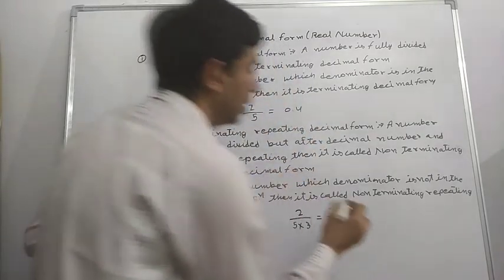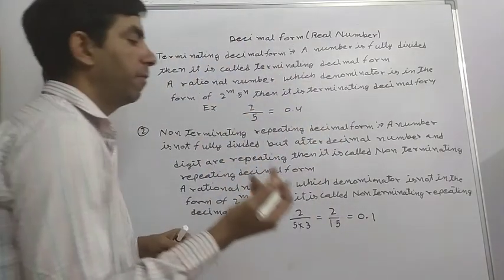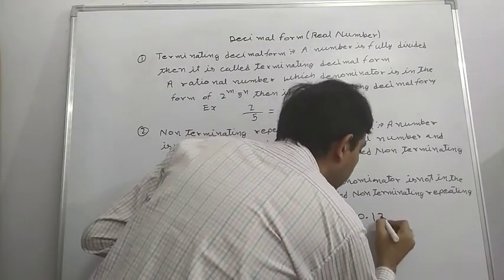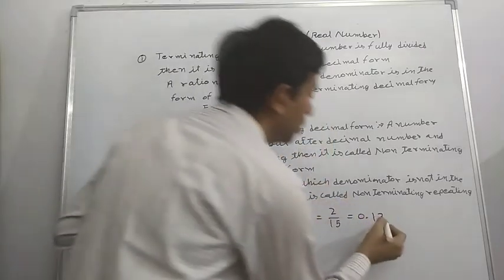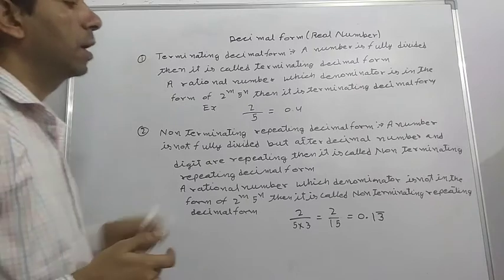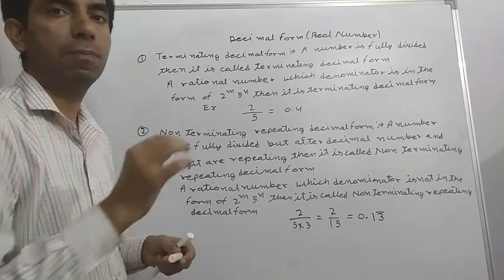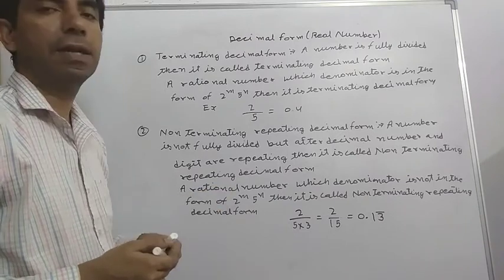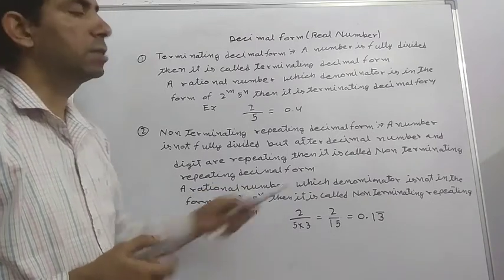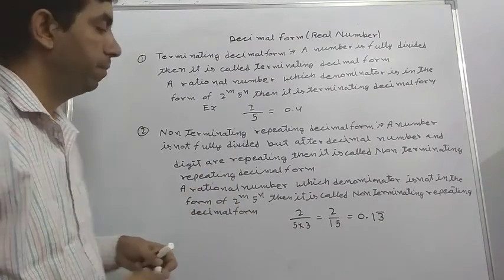Here we get 0.1, 5 remaining. 50, 15 times 3 is 45, again 5 remaining, which means digit 3 repeats. If any digit or number repeats, then we write a bar over that number or digit.